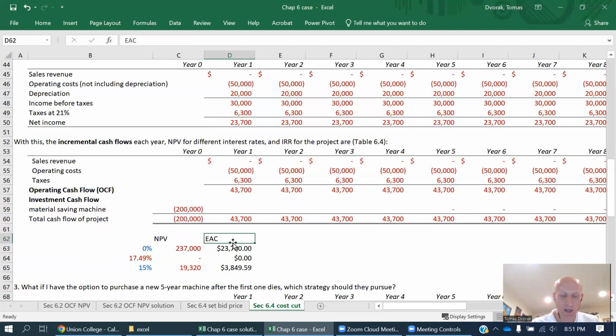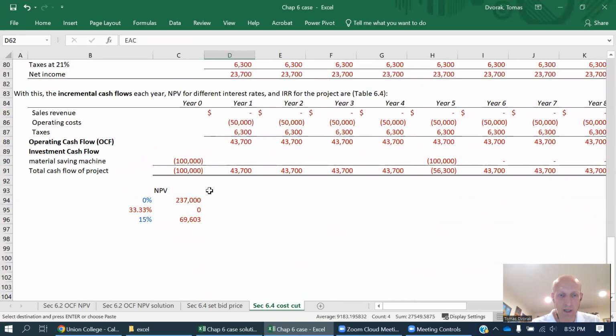Let's copy these cells, Control C. Let's copy them all the way down here, Control V. All right, now we see that with 2 times 5-year machines under 0 discount rate, it's the same benefit as one-time 5-year machine or one-time 10-year machine.